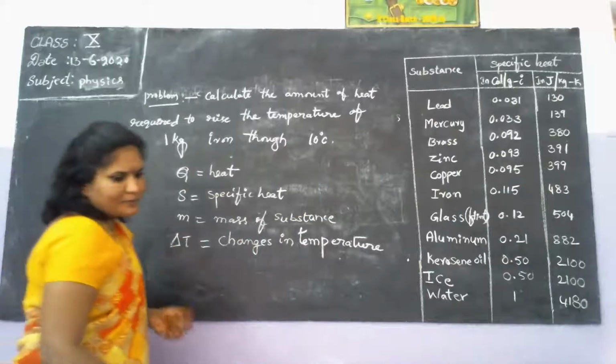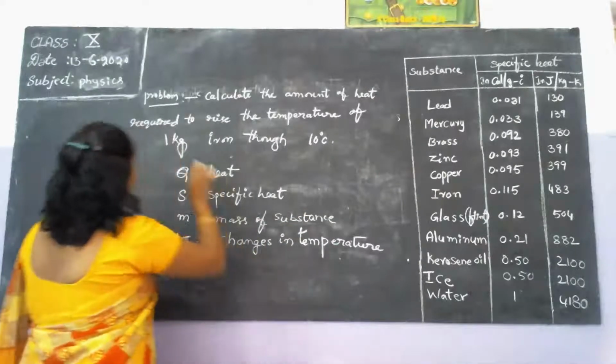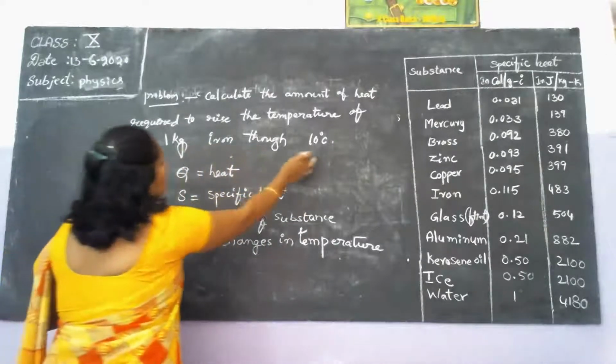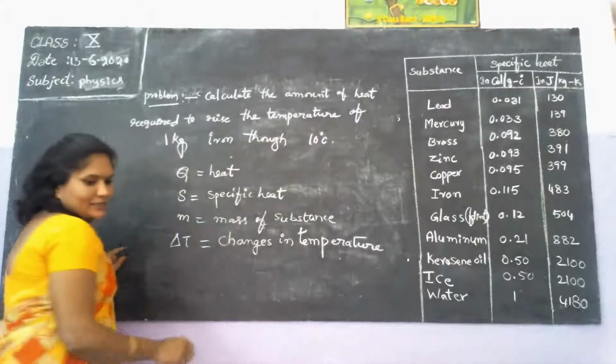See here, we want to raise 1 kg iron by 10 degrees Celsius.